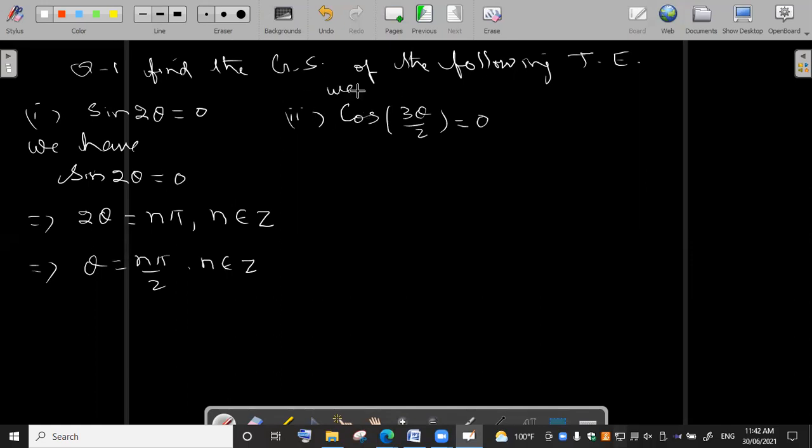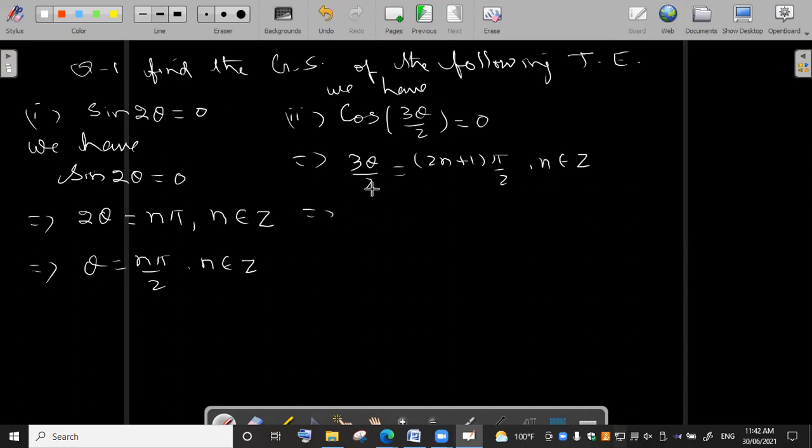According to the formula, 3 theta by 2 will be an odd multiple of pi by 2, 2n plus 1 pi by 2, where n is an integer.